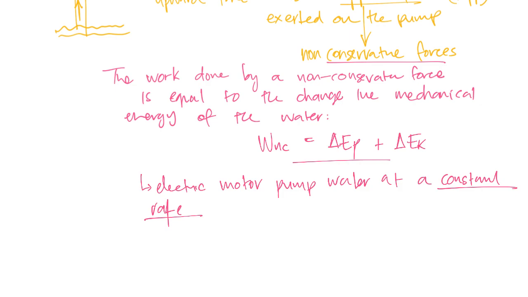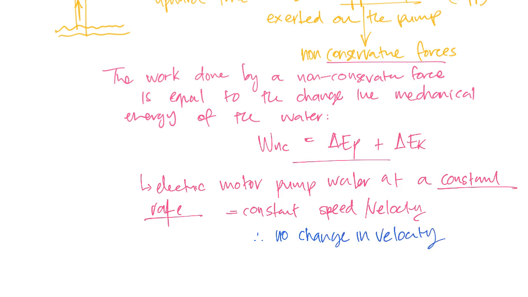And therefore, if something's at a constant rate, then I must think constant speed or velocity. And if I have a constant speed or constant velocity, therefore there is no change in velocity, which means my acceleration is equal to 0 meters per second squared.